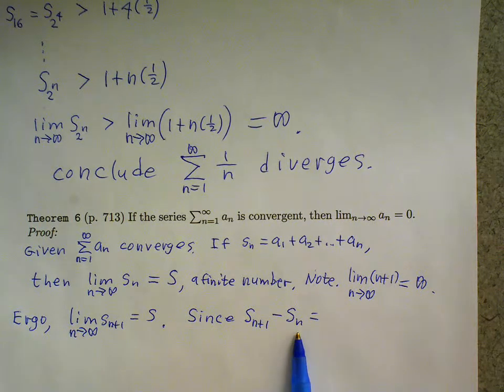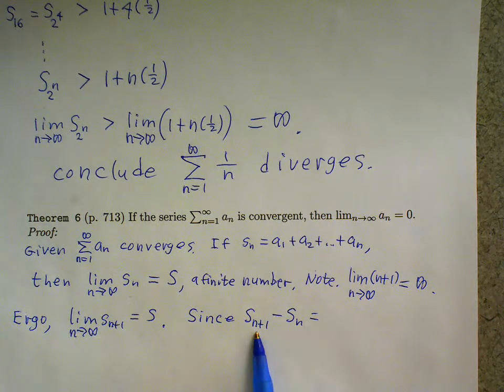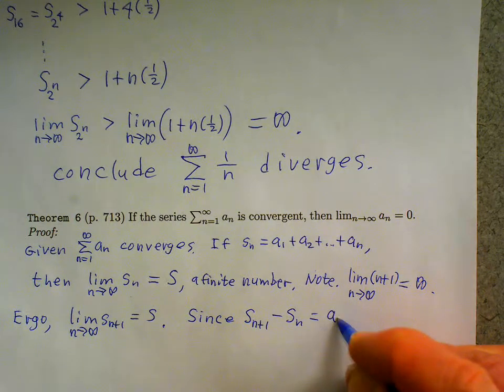So what am I left with? s sub n plus 1 is a sub 1 plus a sub 2 plus dot dot dot plus a sub n plus a sub n plus 1. And we're subtracting s sub n, which is a sub 1 plus a sub 2 plus dot dot dot plus a sub n. What do we get when we subtract s sub n from s sub n plus 1? A sub n plus 1, that's all that's left, right?